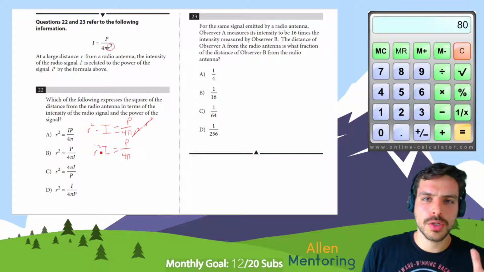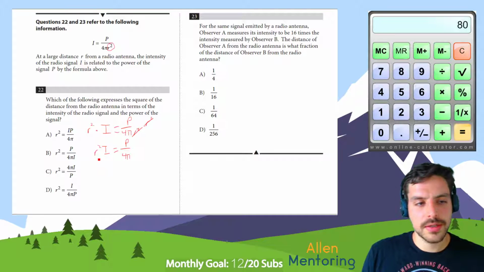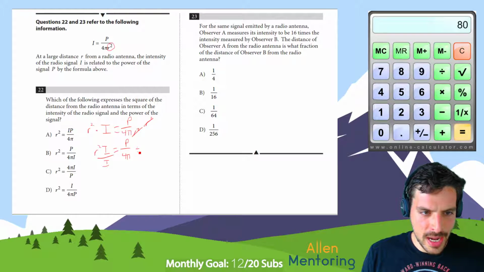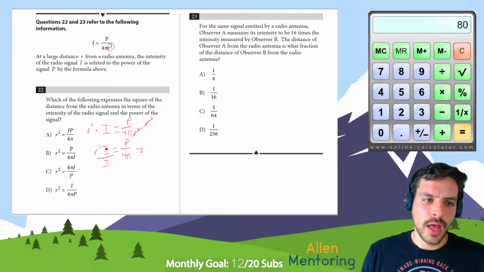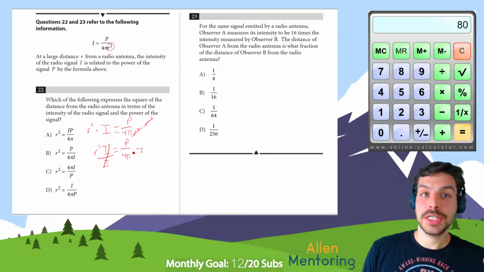How do we isolate r squared? We want to get rid of this I. This I is in its way. We want to just have r squared. So what do we do? The opposite to both sides. Instead of multiplying by I, we want to divide by I on both sides. On the left side, it'll cancel out. And on the right side, if there's a fraction and we're dividing by another variable, you can just attach it to the denominator.